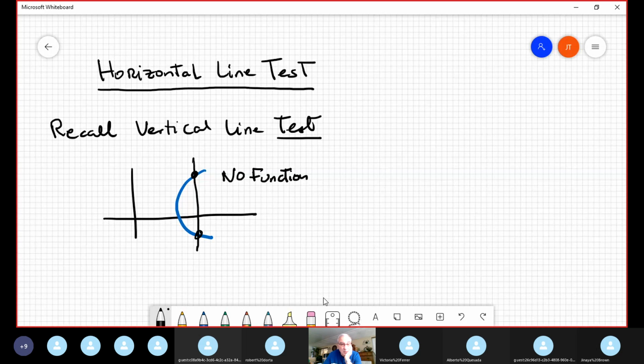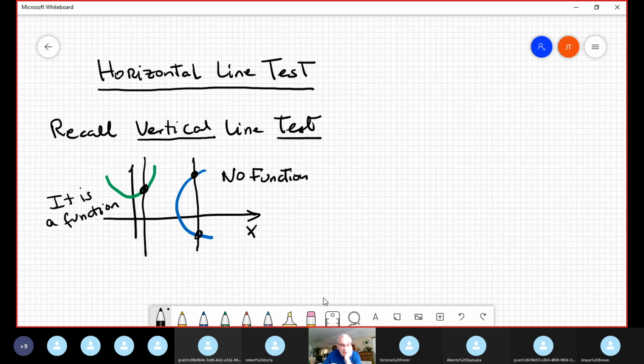For example, suppose this: when you apply the vertical line, crossing only 1 point, it is a function. This is the vertical line test. It allows us to determine if the graph corresponds to a function or not.